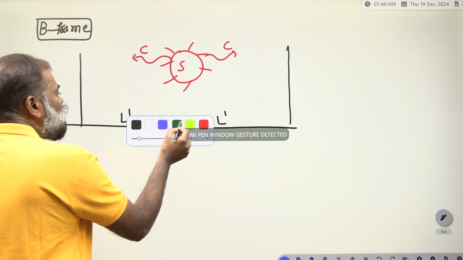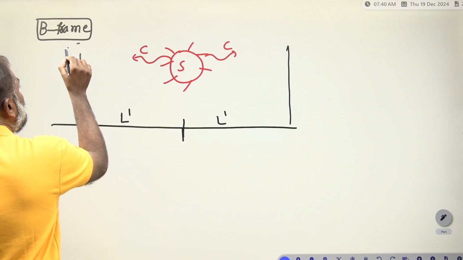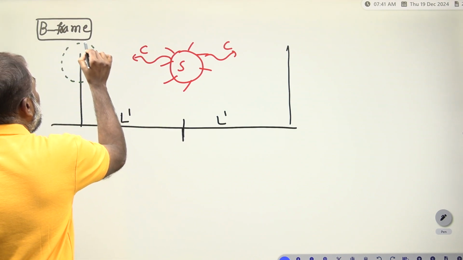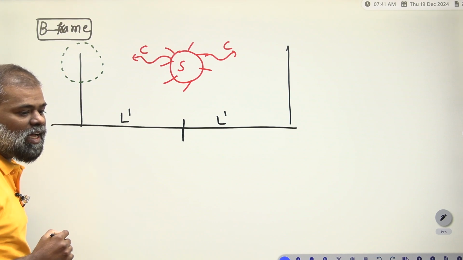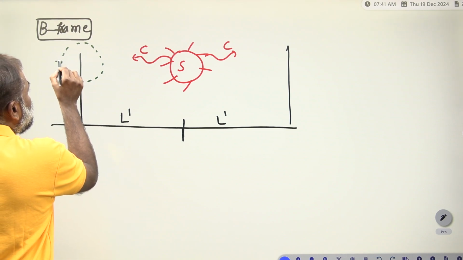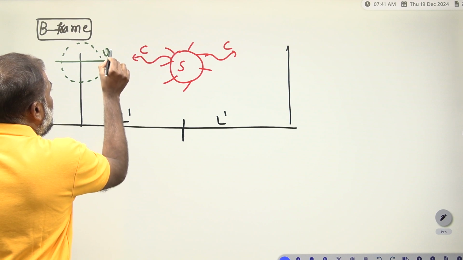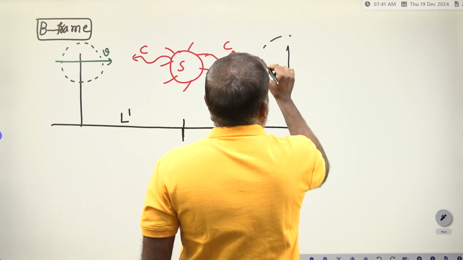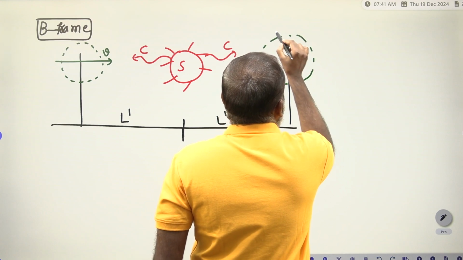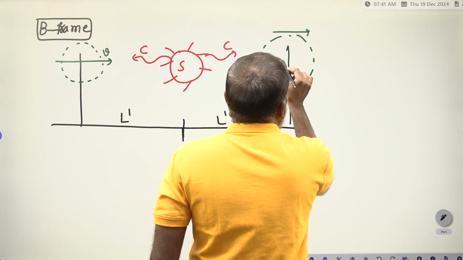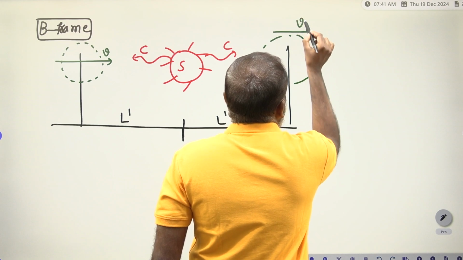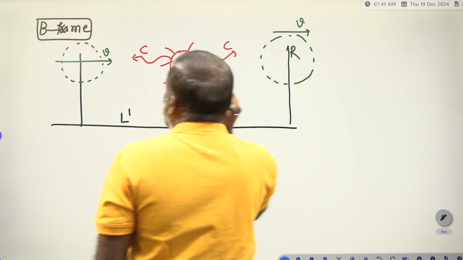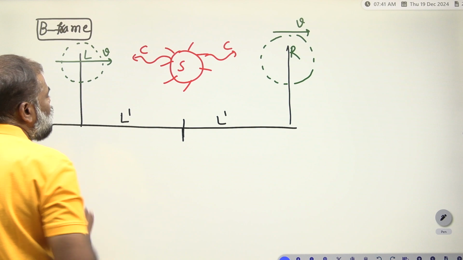Now, once you see here, in the left side this particle is moving with velocity v. In the right side also, in the B frame, this particle is moving with velocity v only. So this is the right side and this one is the left side, clear.